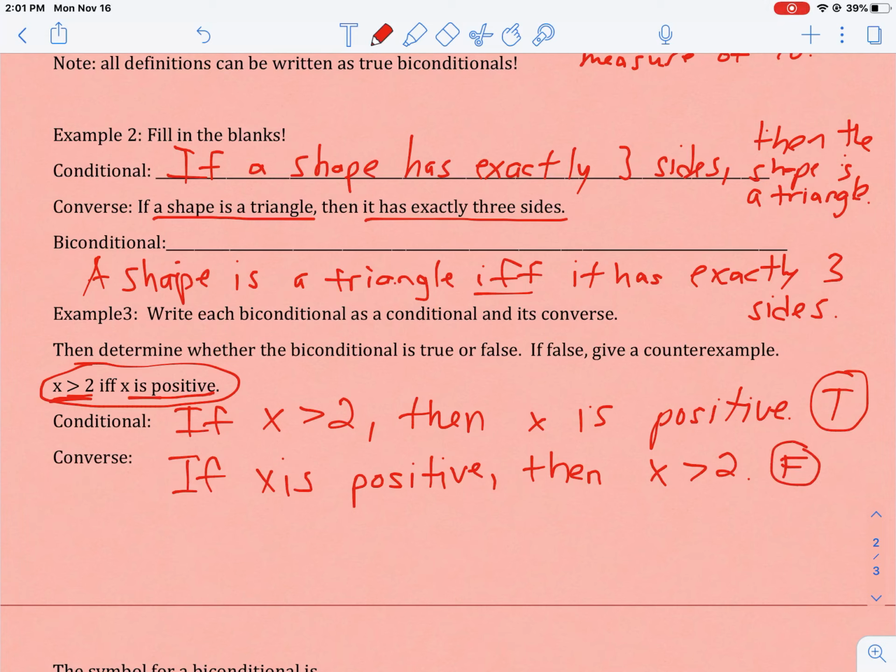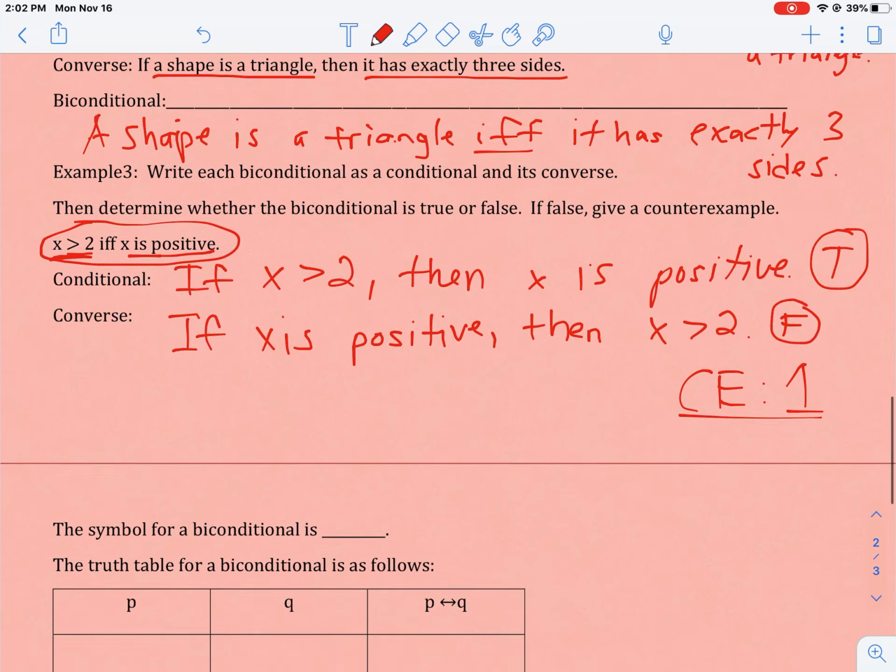This is false, because a counterexample can be given. So 1 is a counterexample. False. The counterexample is 1. So the biconditional is false, and we gave a counterexample as to why.